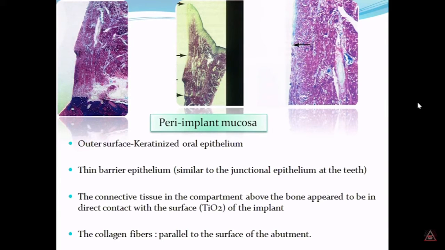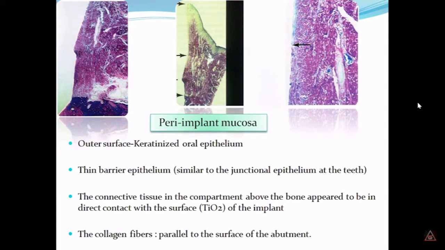So there is junctional epithelium. But I told you yesterday that there is no connective tissue attachment. So there is outer epithelium, there is junctional epithelium, but no connective tissue attachment. The connective tissue in the compartment above the bone appears to be in direct contact with the surface of the implant.